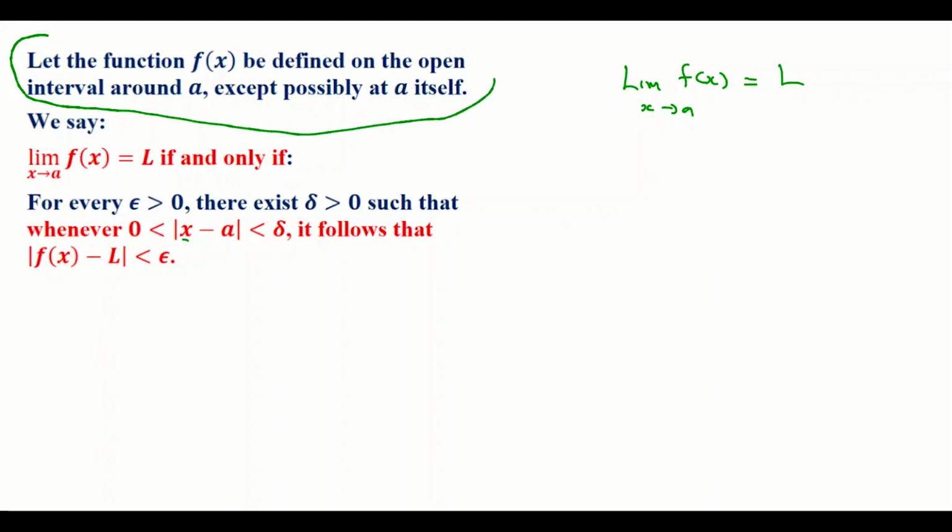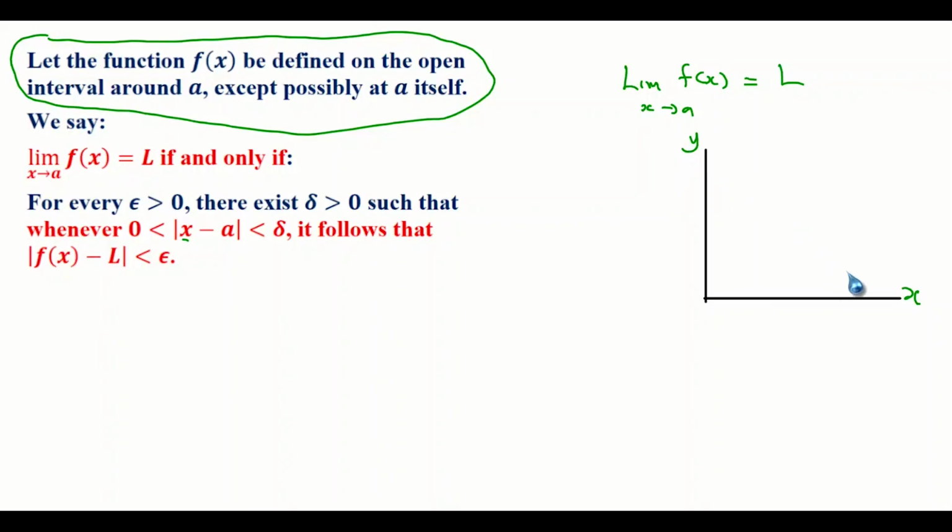So what this part is telling you is, let's say we have something like this. I can actually draw it. If this is the x-axis and this is the y-axis, and you have a point here, you can call this point a.